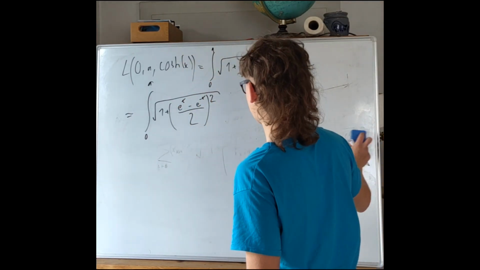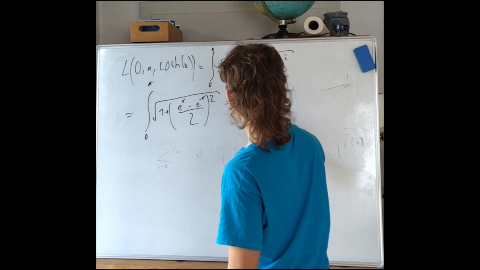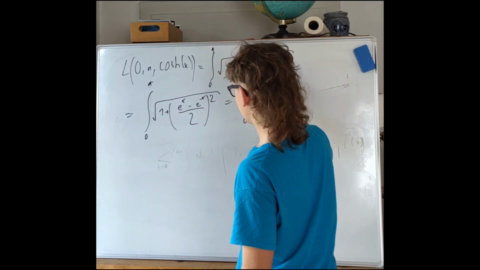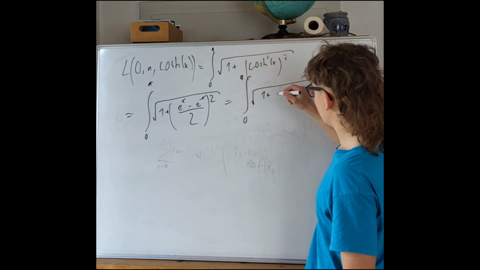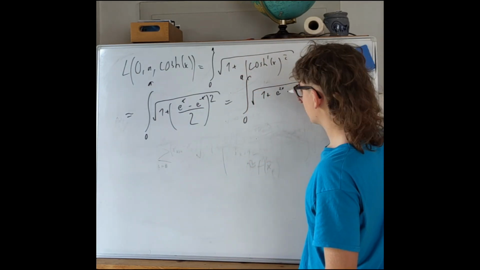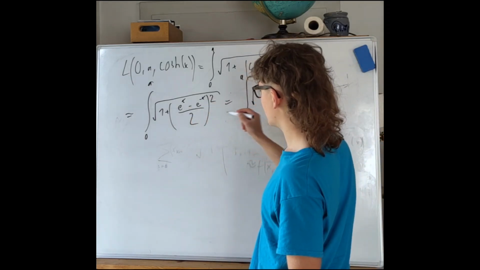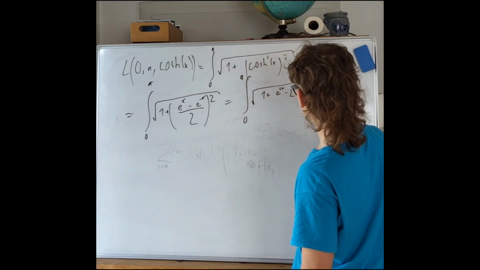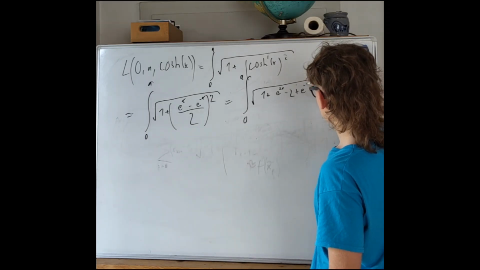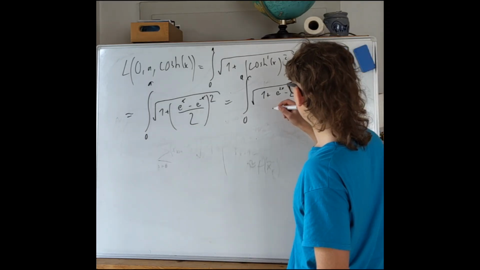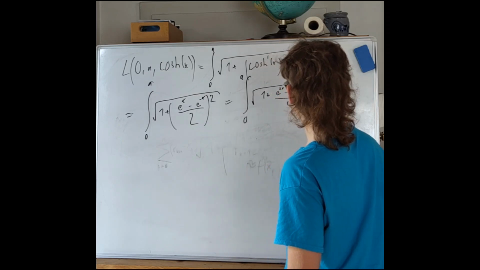And what we can do now is just multiply all of this out, so we get the integral from 0 up to a of the square root of 1 plus e to the 2x minus e to the x times e to the negative x, that's just minus 2, right? That's the 2ab term. Plus e to the negative 2x, and all of this over 4.